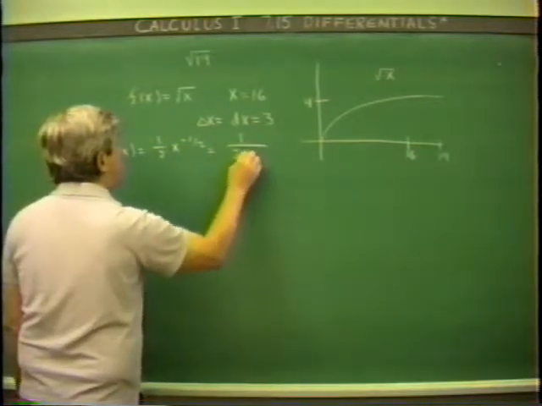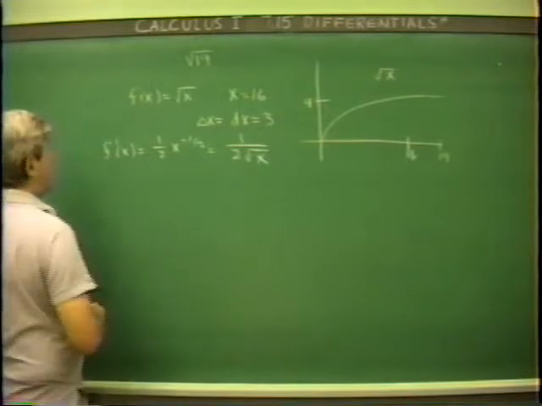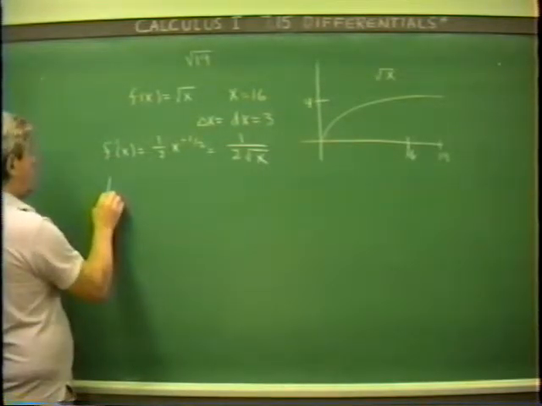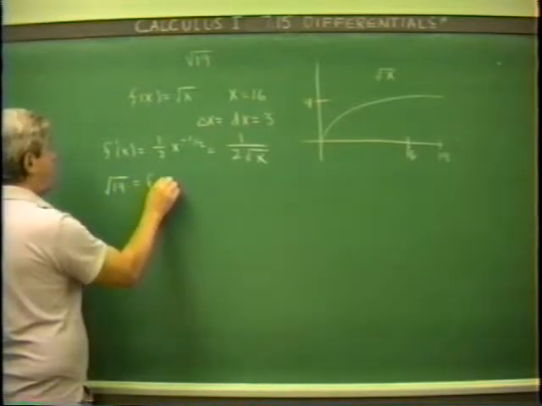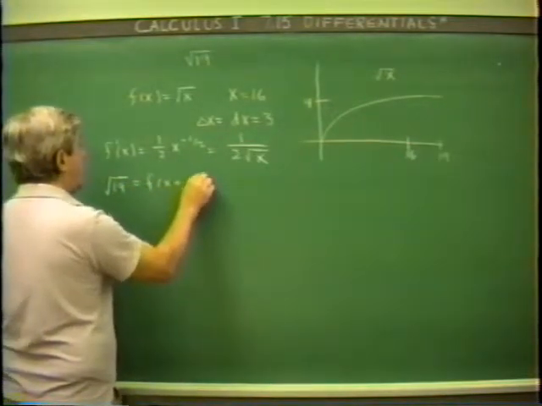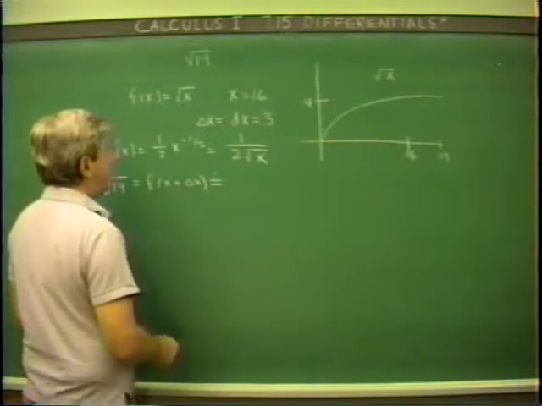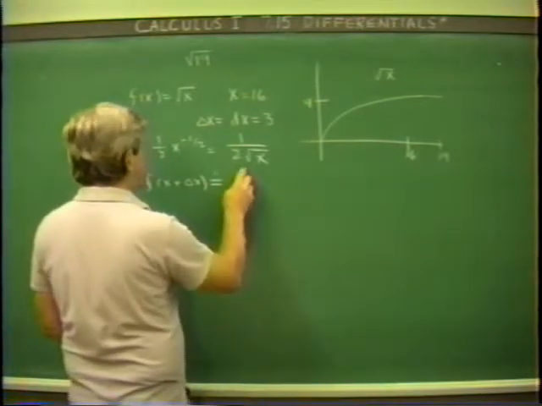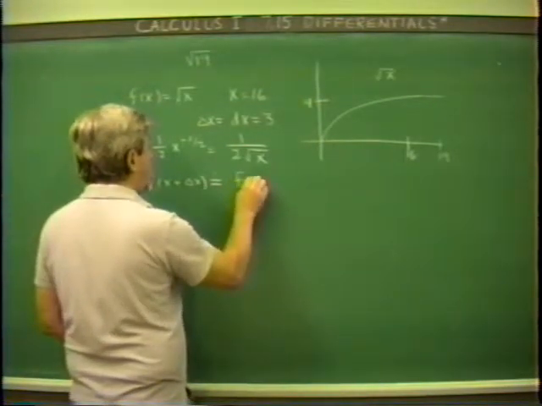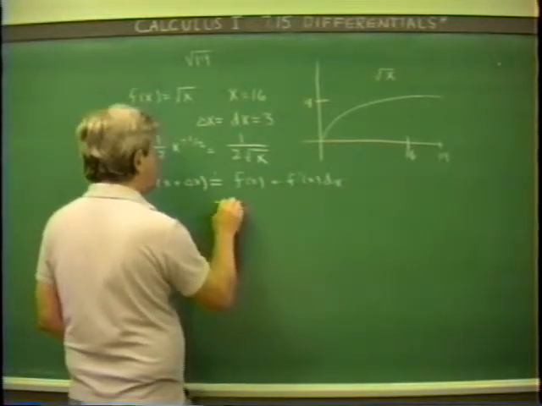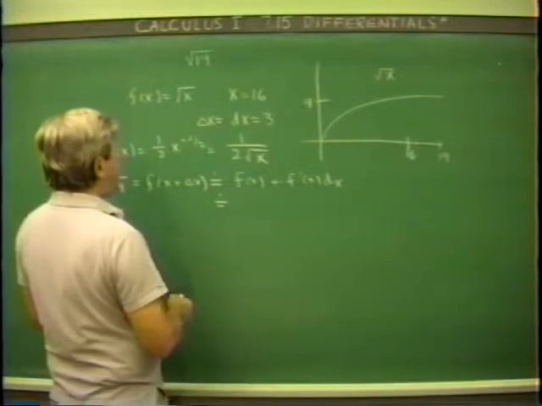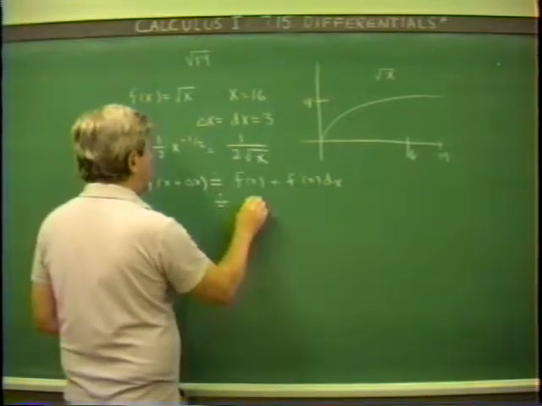F prime of x is 1/2 x to the minus 1/2, or 1/2 square root of x. So the square root of 19, which is f of x plus delta x, is approximately equal to f of x plus f prime of x dx.